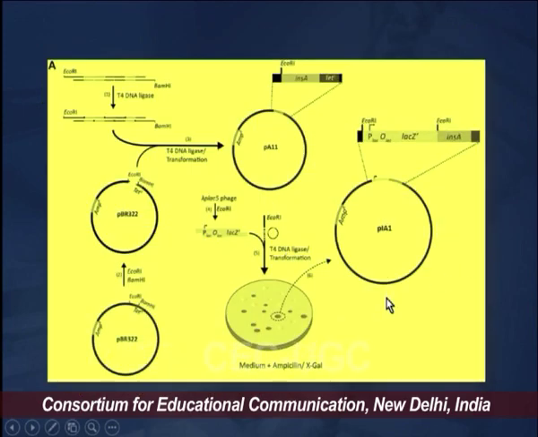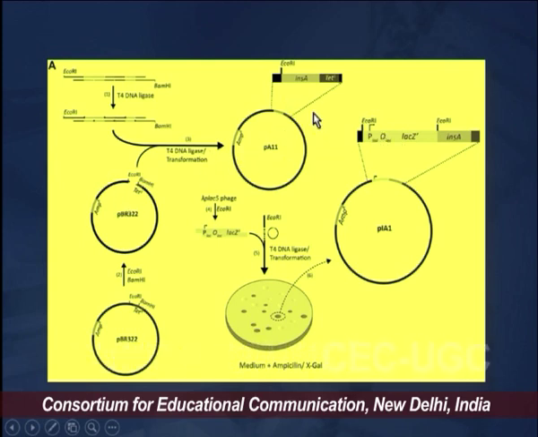Again, we will just look at the detail here of what happened for the production of humulin. As you can see, the two different genes are there, and they can be introduced and ligated together. Later on the technology was advanced, and both the genes could be cloned in the same vector molecule.